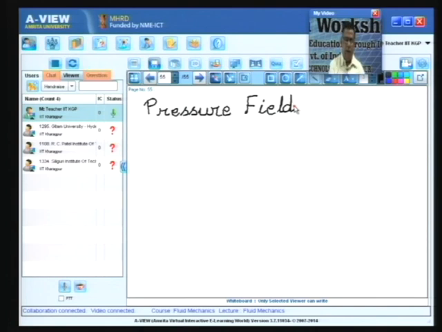So, this is a function, we will call it p of x, y, z, and we have a pressure field in fluid dynamics also, where it can be a function of time.